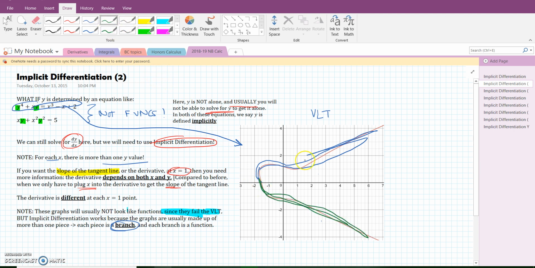By breaking it up into branches, each of those branches individually is a function and passes the vertical line test. It's just when you combine it as a whole that it fails the vertical line test. So that is how we can still do implicit differentiation, because those individual branches are each functions.